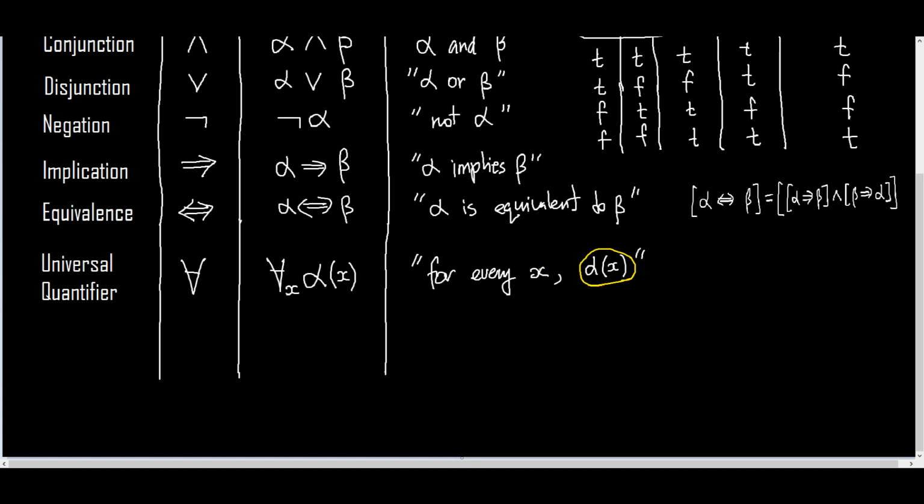And what we're saying with this whole thing is that that statement alpha must be true irrespective of what the object x is. So it must be true for all possible values of x. That's the logical meaning of for every x, alpha of x. Another way to read this is to say for all x, and this 'all', the 'a' from 'all', ties in with the upside down A we've got here.